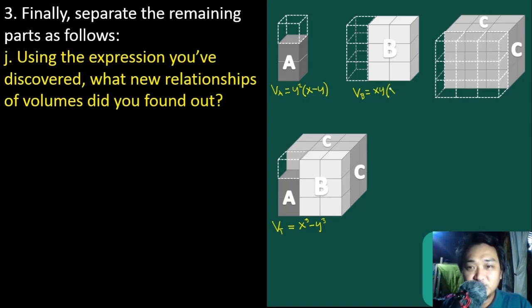At yung volume ni C is equivalent to x squared times x minus y.